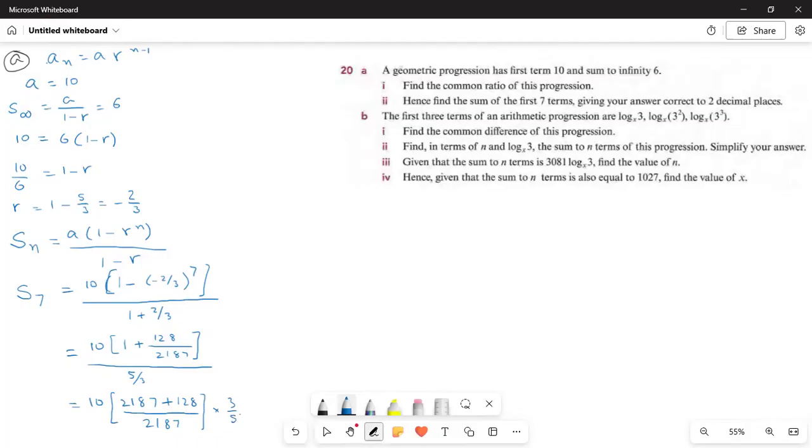Okay, you can see 5 cancelled with 10, and the sum of 7 terms is 6 multiplied by, I can add them together, even if I leave it, 2187 plus 128 over 2187.